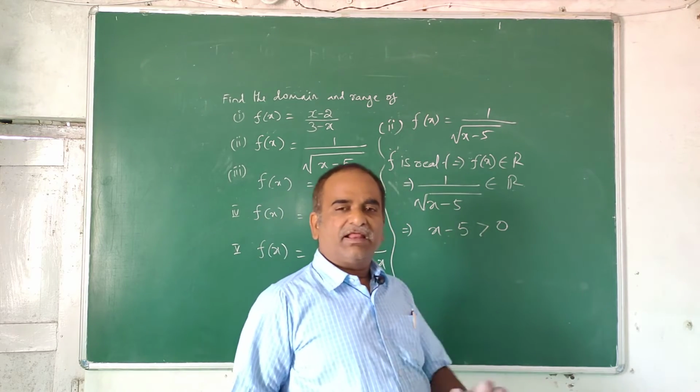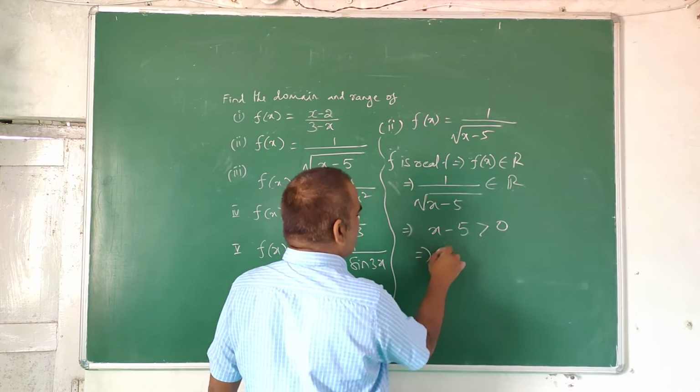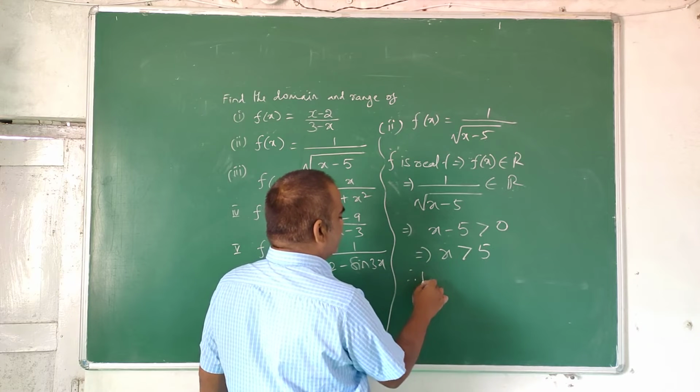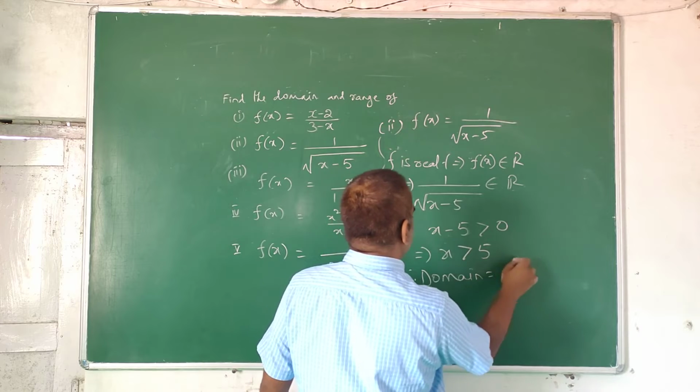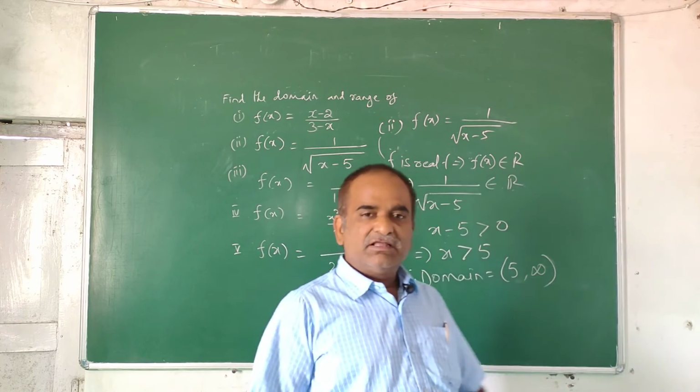You cannot even allow it to be 0. So this implies x is strictly greater than 5. Therefore, the required domain is the open interval 5 comma infinity. Right?